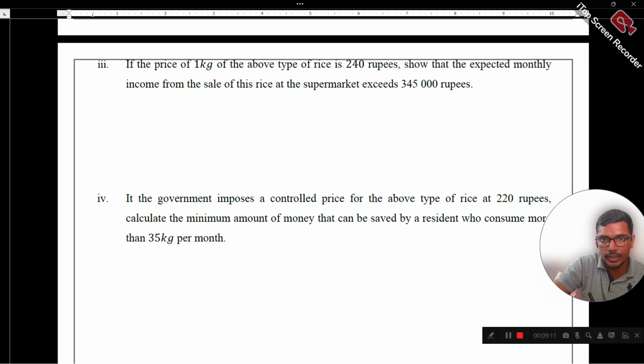Expected monthly income. Now, 1 kilogram is 240. Then income per day will be how many kilograms they sell per day?